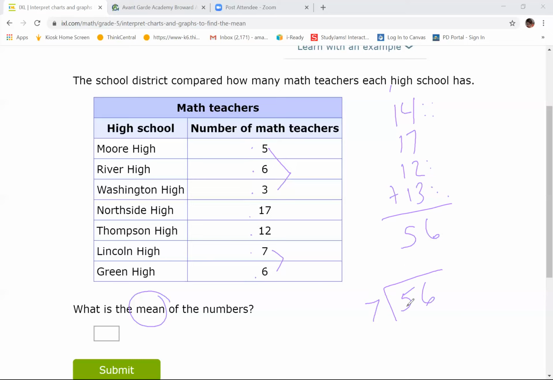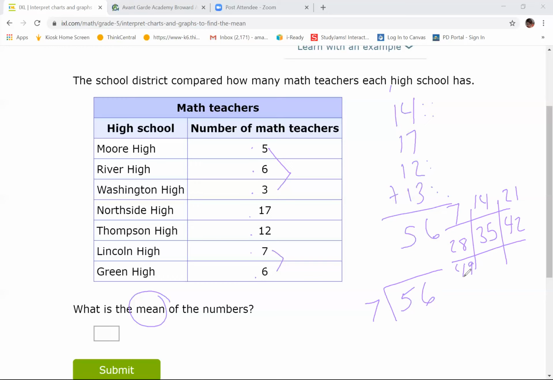What number times 7 gets me close to 56? Let's see. Look at your hashtag helper. 7, 14, 21, 28, 35. 6 is 42. Oh, we're getting closer. 42 plus 7 is 49.